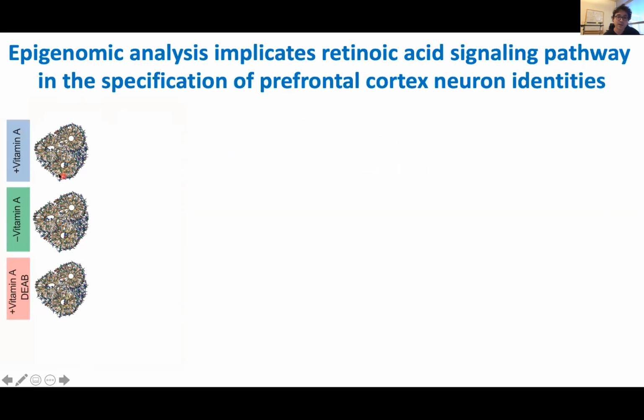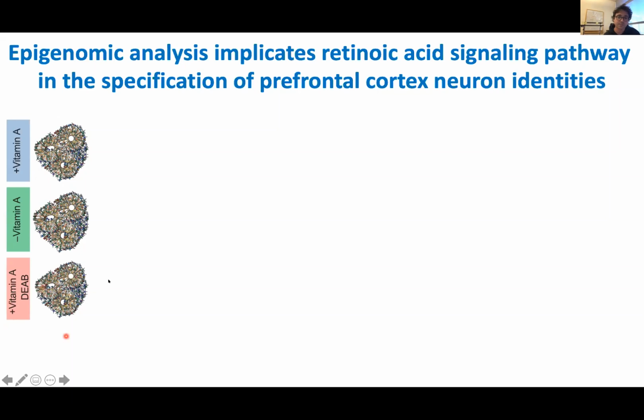We decided to test this hypothesis using cerebral organoids. Many of you know that pluripotent stem cells can be guided through directed differentiation into neural progenitor cells. And when those cells are cultured in 3 dimensions, they self-organize into these beautiful 3-dimensional structures that resemble some of the early differentiation of the cerebral cortex. And so we exposed these organoids either to a culture media that contained vitamin A, which is of course a precursor to retinoic acid, or we withdrew vitamin A altogether from the media throughout differentiation.